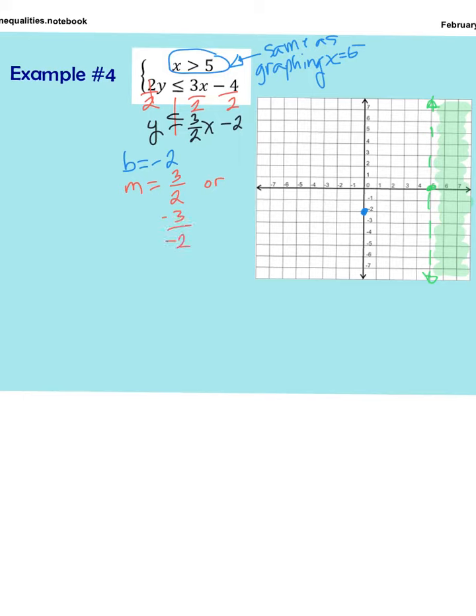So a positive rise of 3 is up, a positive run of 2 is to the right, a negative rise of 3 is down, and a negative run of 2 is left. So here we go, up 3, to the right 2, up 3, to the right 2. Then you're going to go down 3 and to the left 2.